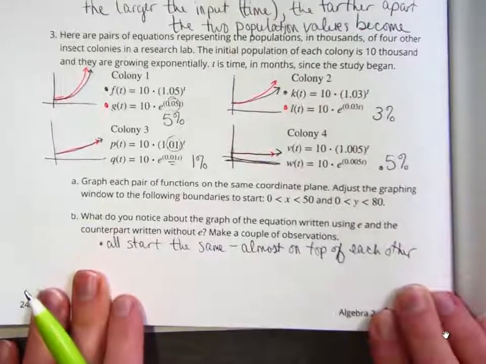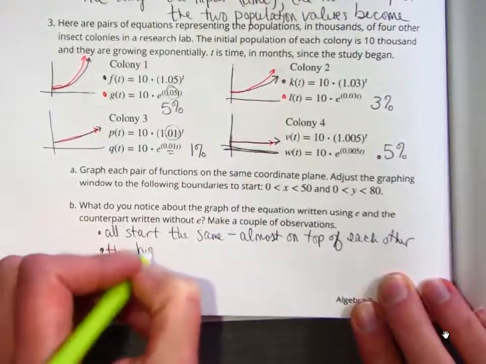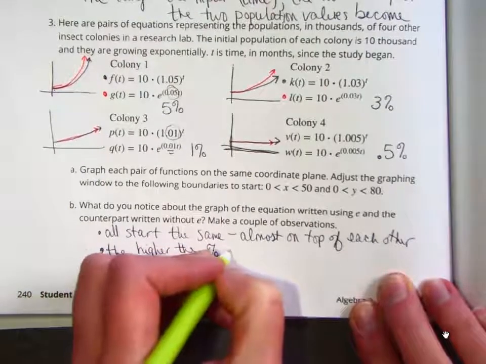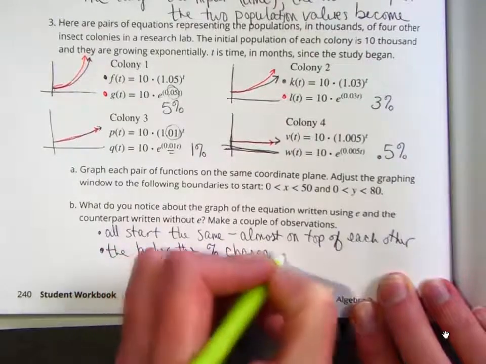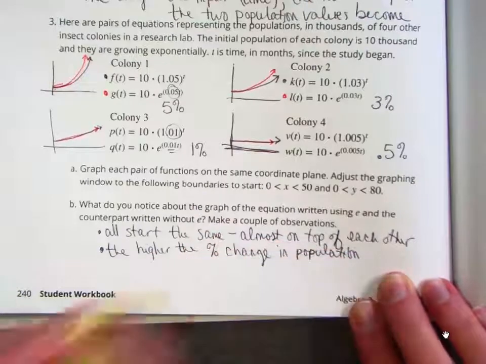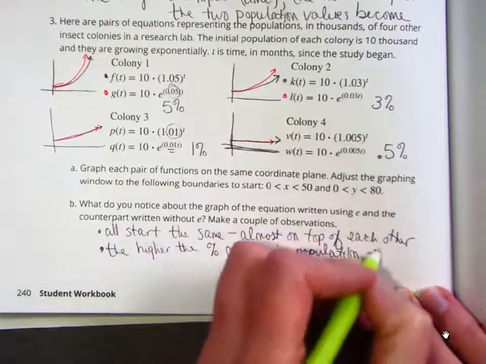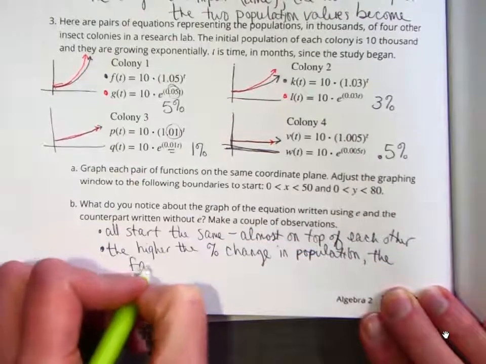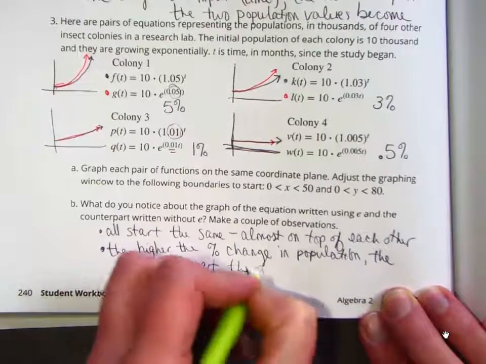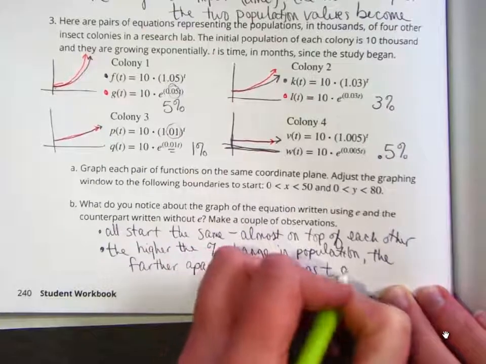So another thing that I noticed is the higher the percent change in population, in this case, the higher that percent change that we have, the farther apart the graphs get as t gets larger.